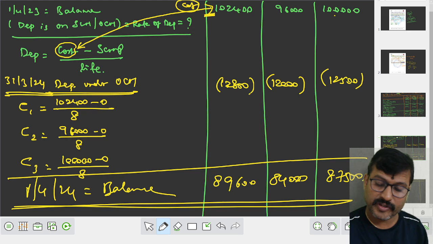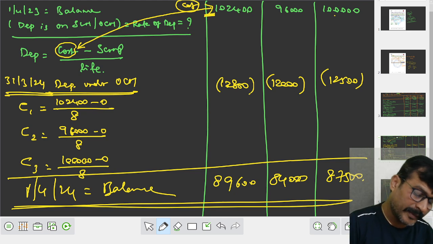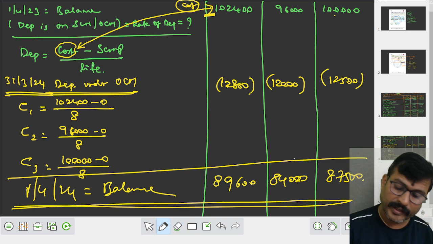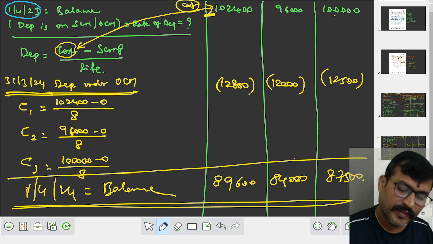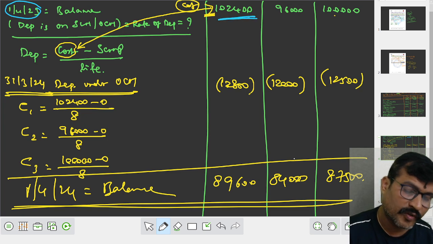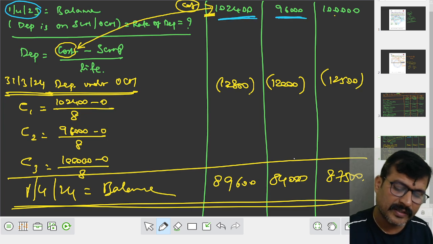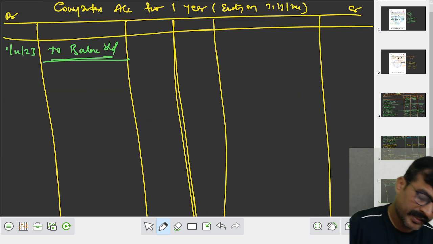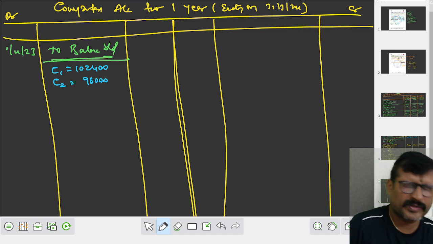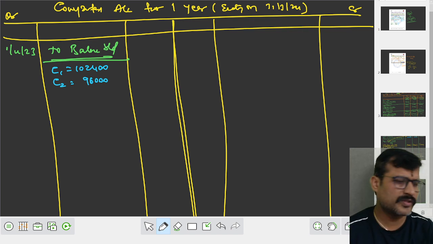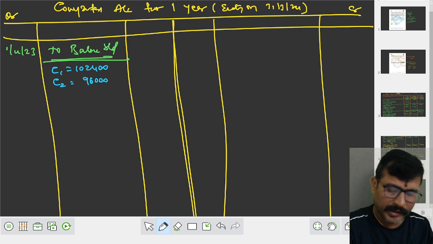See your working sheet. On 1st April 23, the first computer C1 is 1,02,400, and C2 is 96,000. Did you understand? These are the computers which are available with us. Add both the numbers.